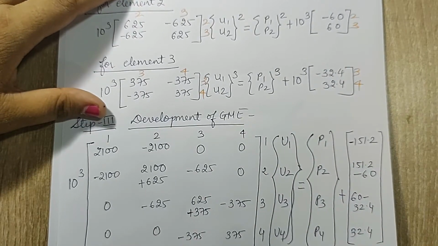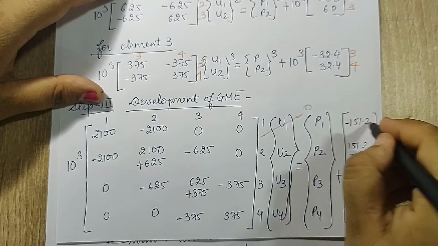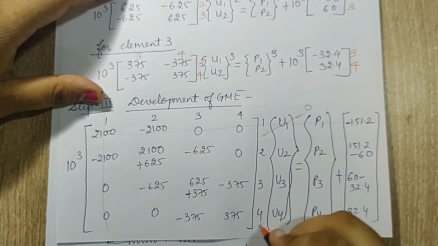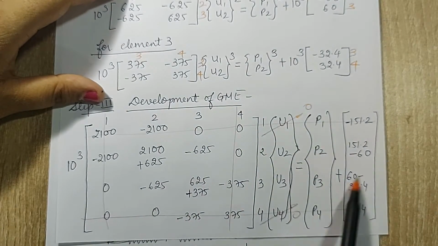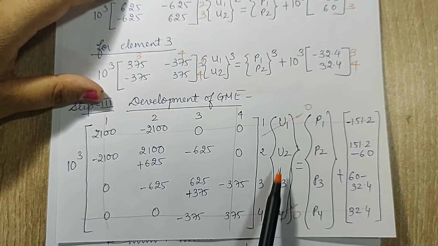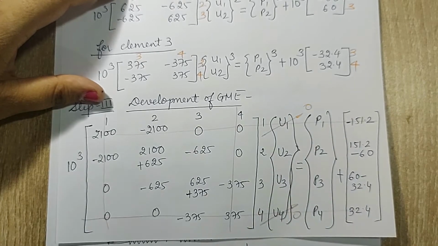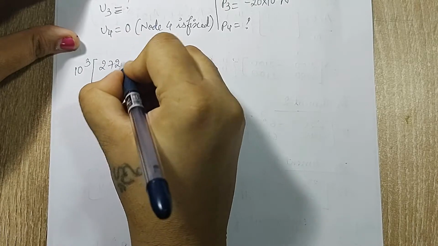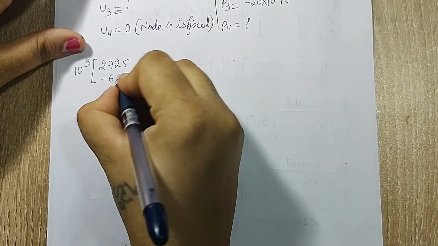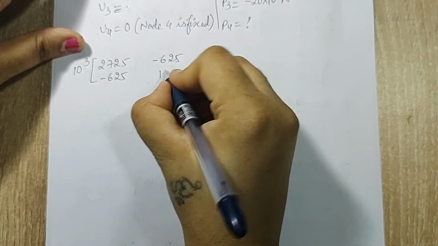Now I'll go back to this equation. My U1 is 0. So tentatively this one will be neglected. U4 is 0. So I'll neglect fourth row, fourth column. These values I can use, calculate U2, U3 and then revisit and calculate P1 and P4. So I'll write down 10 raised to 3 common. On addition I get 2725 and here it is minus 625. Minus 625 and 1000.